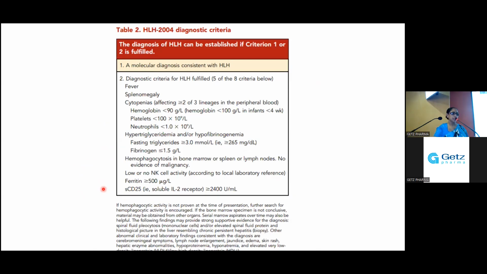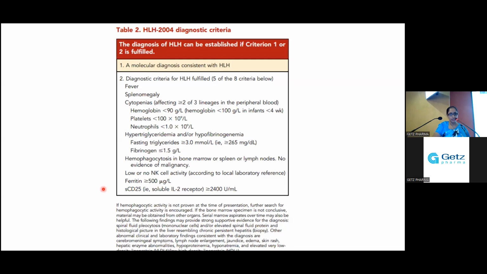They first started it in 1994 and then upgraded it in 2004. And then again they looked at it in 2016 to revise everything, and they describe things about adult disease as well.